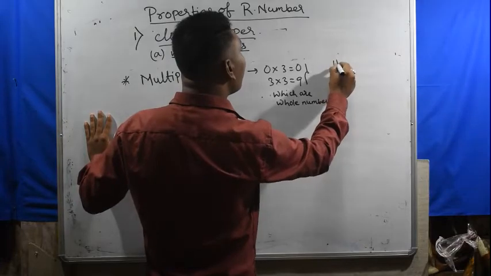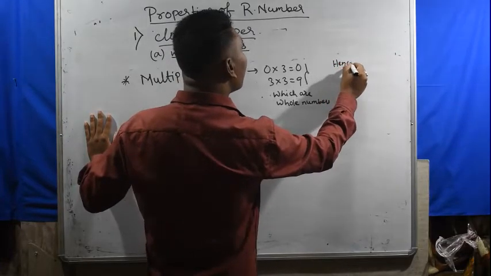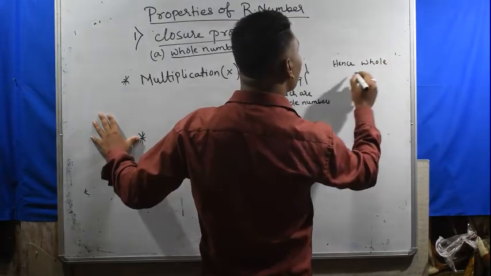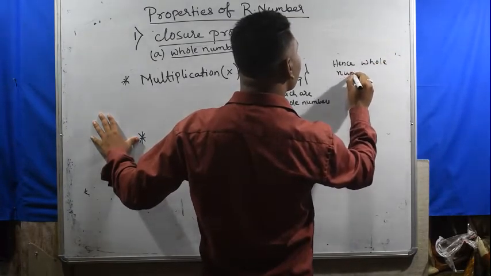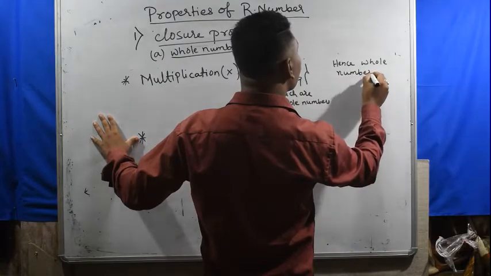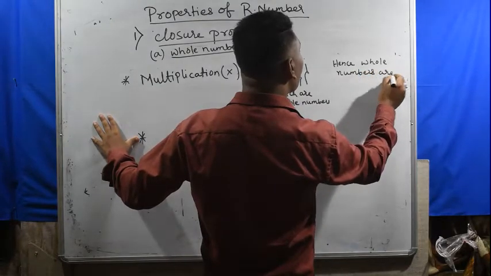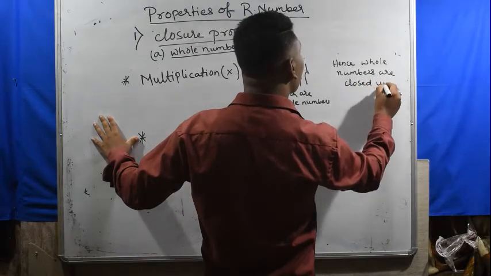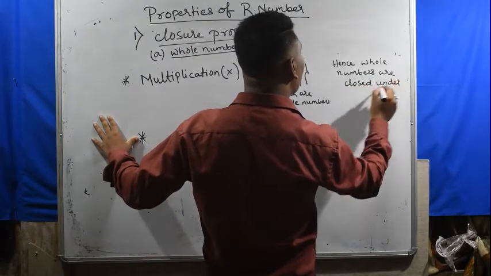Hence we can say whole numbers are closed under multiplication.